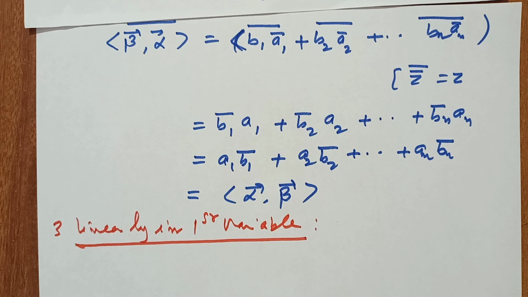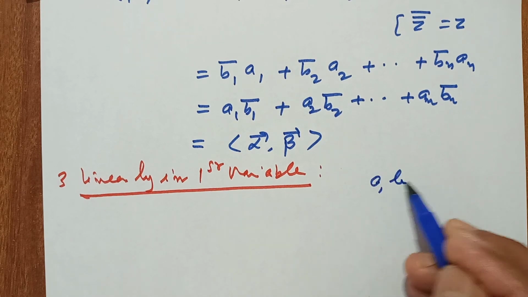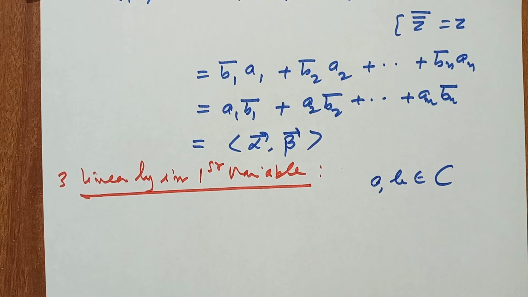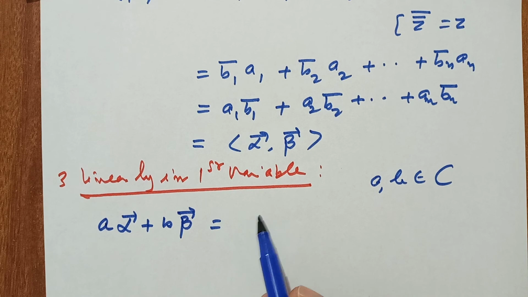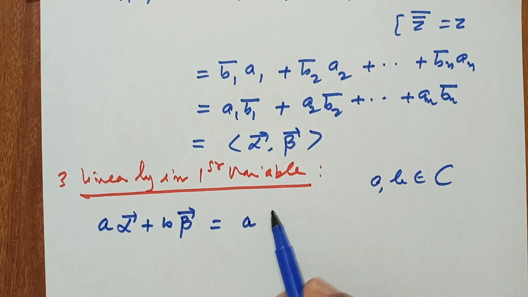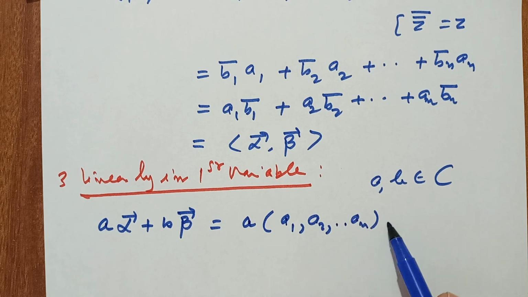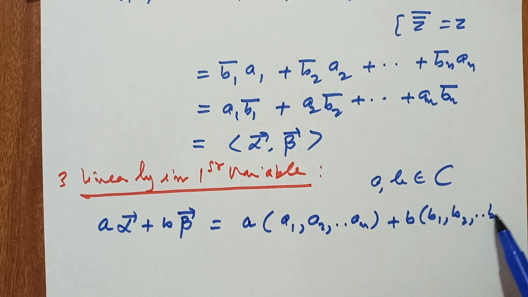So let us suppose a and b are two scalars, a, b belong to C, and alpha, beta are vectors. First we calculate a alpha plus b beta. So a alpha plus b beta means a(a1, a2, up to an) plus b(b1, b2, up to bn).